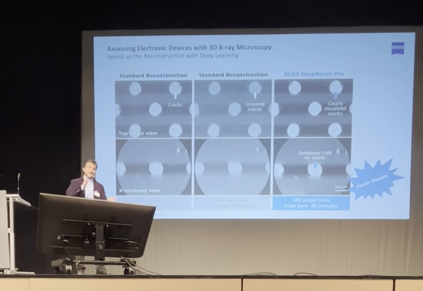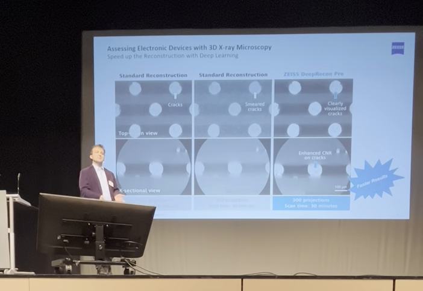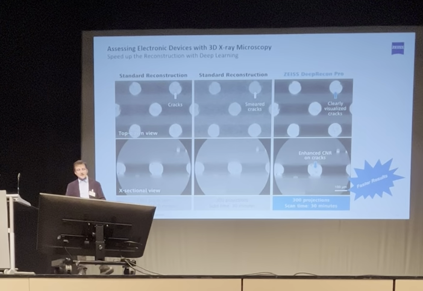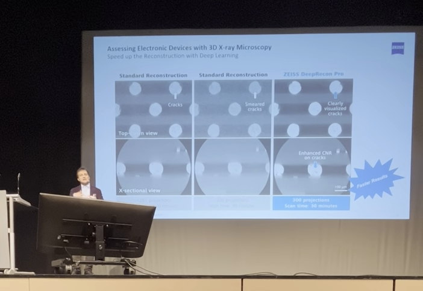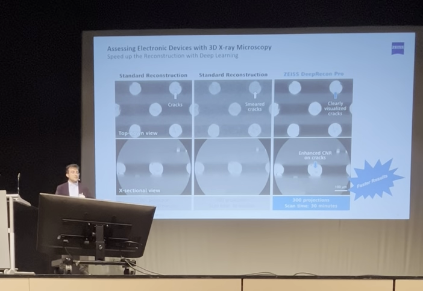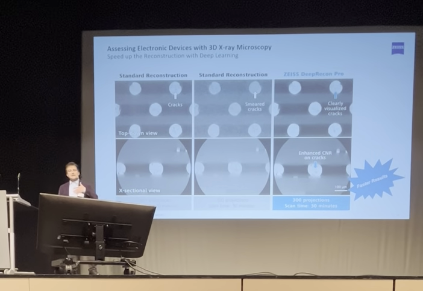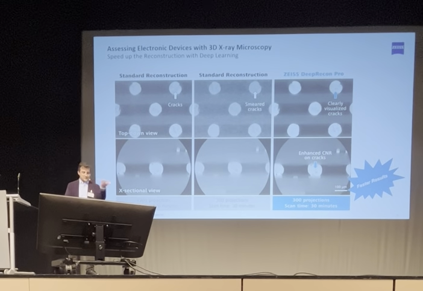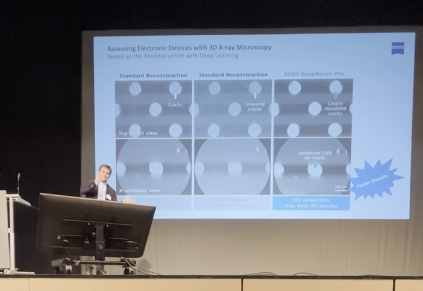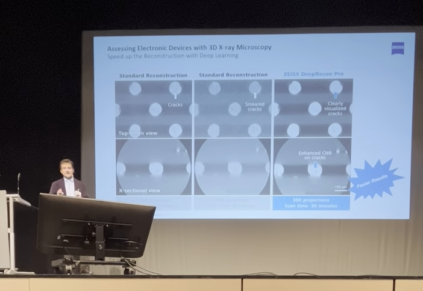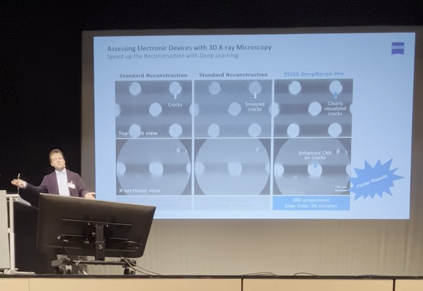But we all know what happens when you put those projections in the standard reconstruction and you do the FDK reconstruction. You will have aliasing or undersampling, basically. So typically you need on the order of 1,000 projections or more. What if you could do a training algorithm, deep learning, with fewer projections based on high resolution data that you acquire, and then do a model training that you apply to subsequent circuit boards?